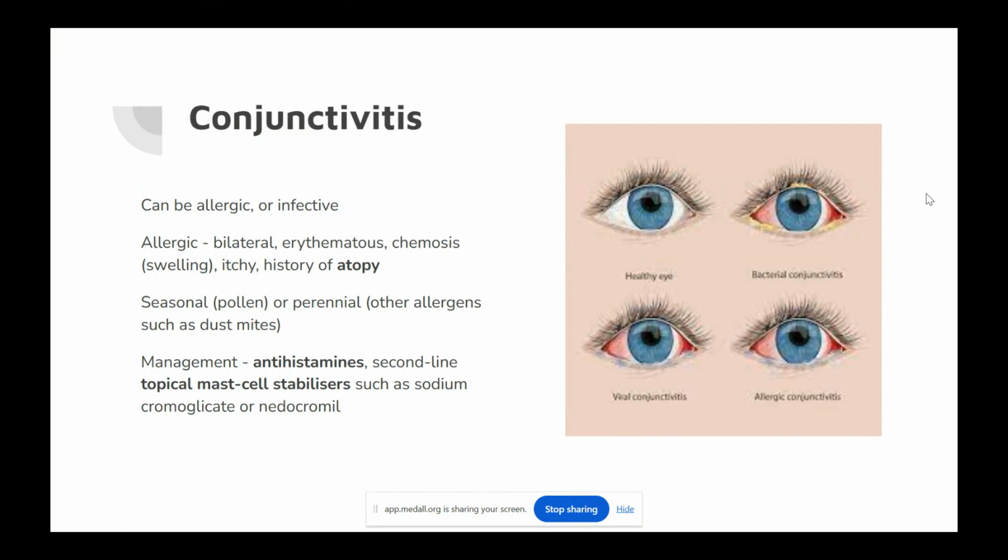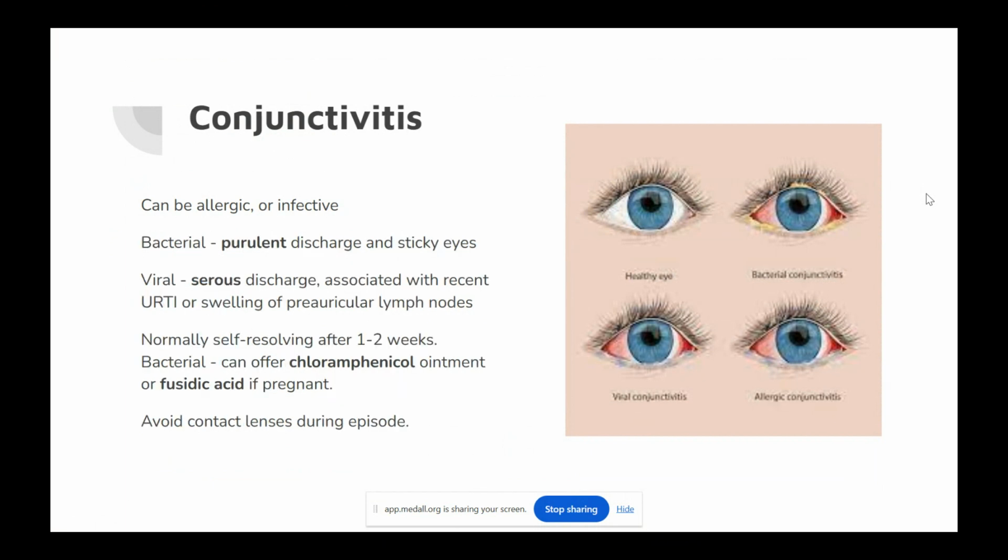They'll come with hay fever, with asthma, basically a history of, for example, triggers or others might make you think this is more of an allergic picture rather than an infective one. That being said, we also need to know that the infective one is usually more likely to be one-sided because it's an infection. However, it can present bilaterally as well.